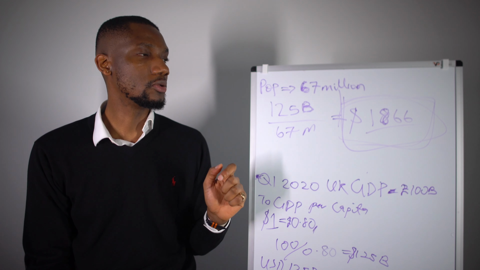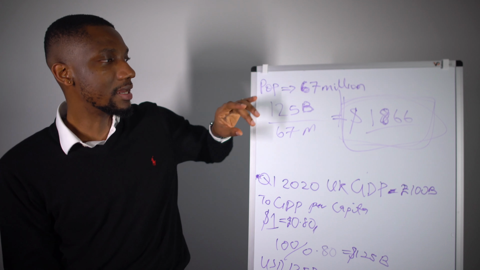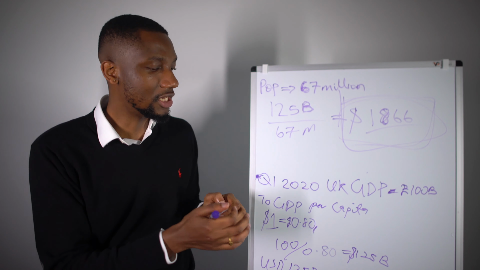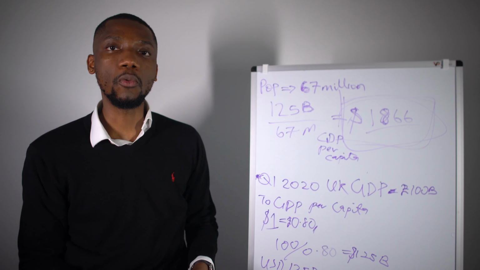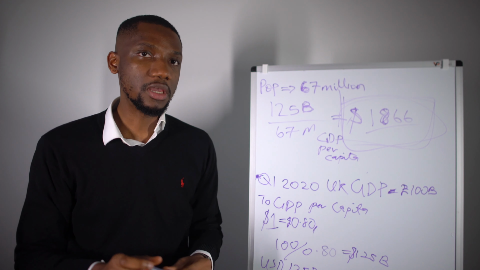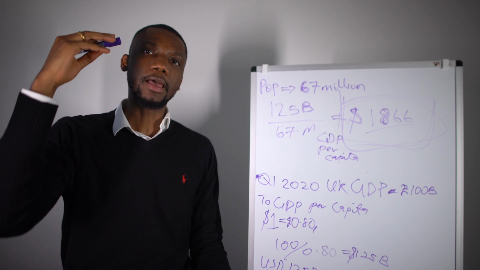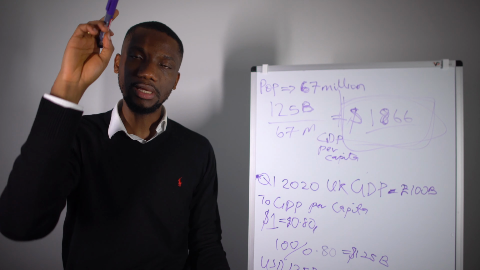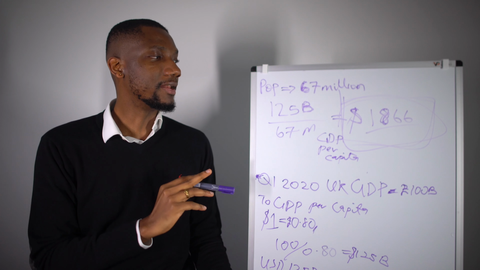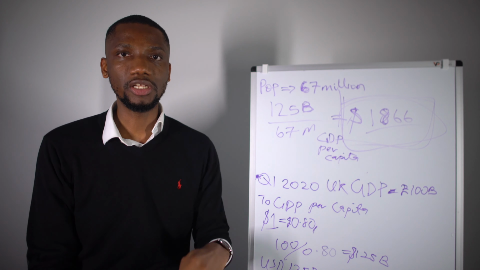So what you can do on that spreadsheet is you now know that this is the GDP per capita for the UK for Q1. This is the GDP per capita value in US dollars for one person in the UK for Q1 2020. So you can create a spreadsheet that says Q1, Q2, Q3, Q4, and then have the dates, the year, and then have the countries, and then input these values every time the GDP data comes out.